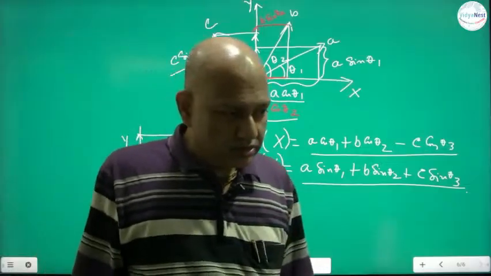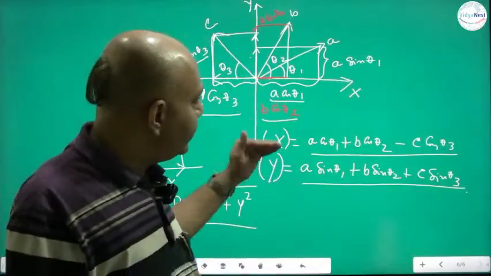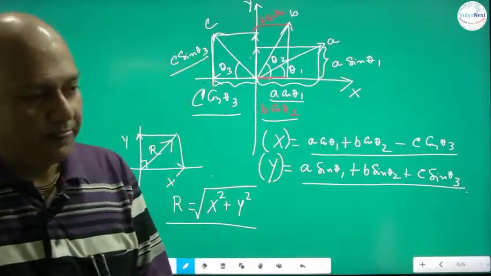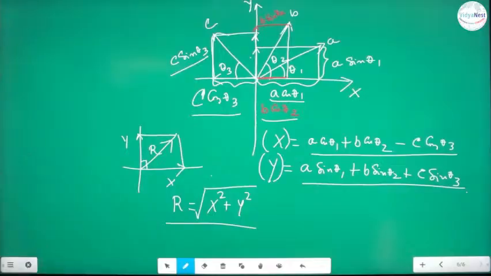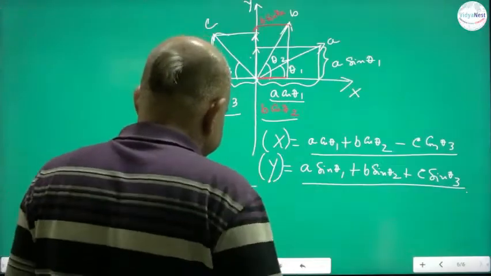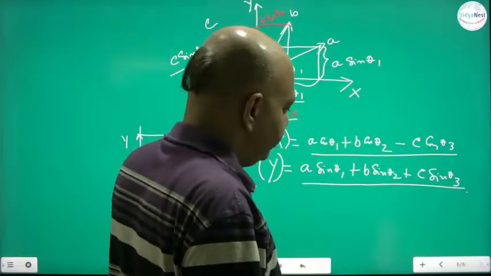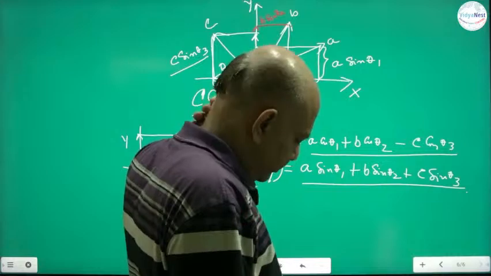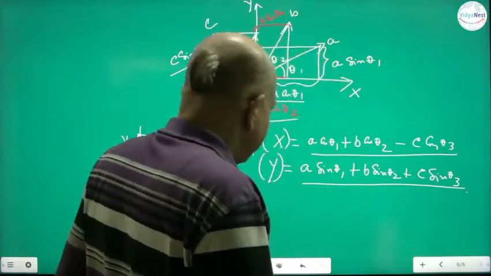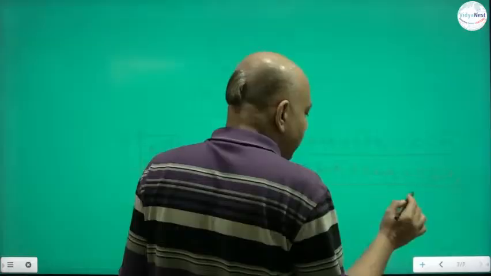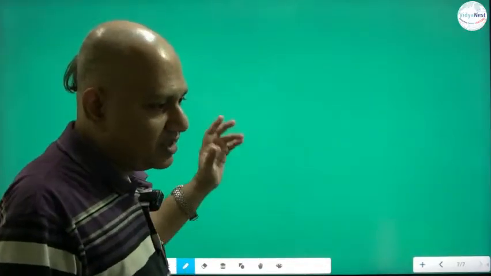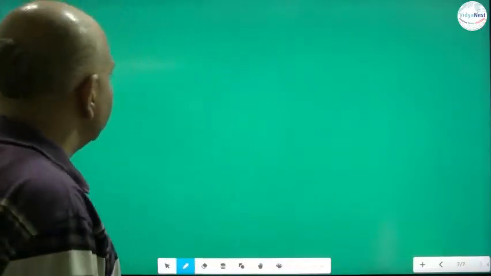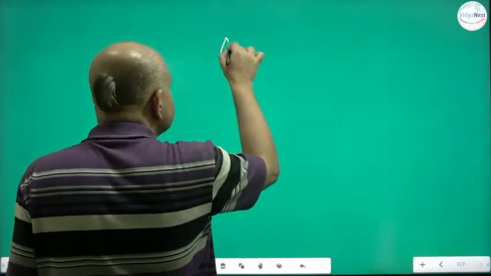Very good. So this is how we can use the component concept to add vectors. This is the process through which we add vectors. Okay, fine, very good. Now see, Saurabh, just like we applied this component concept, I've changed the page. Now suppose I am having a vector A.